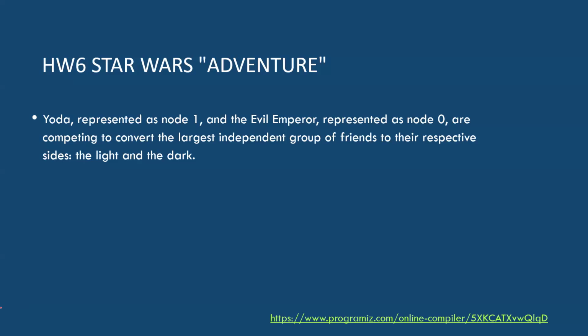So you are trying to find the largest independent island that is not already connected to this or this. We're going to try to sway them over to either side. So you're going to have to analyze all the connected components, find which one is the largest that is not already containing 1 and not already containing 0.